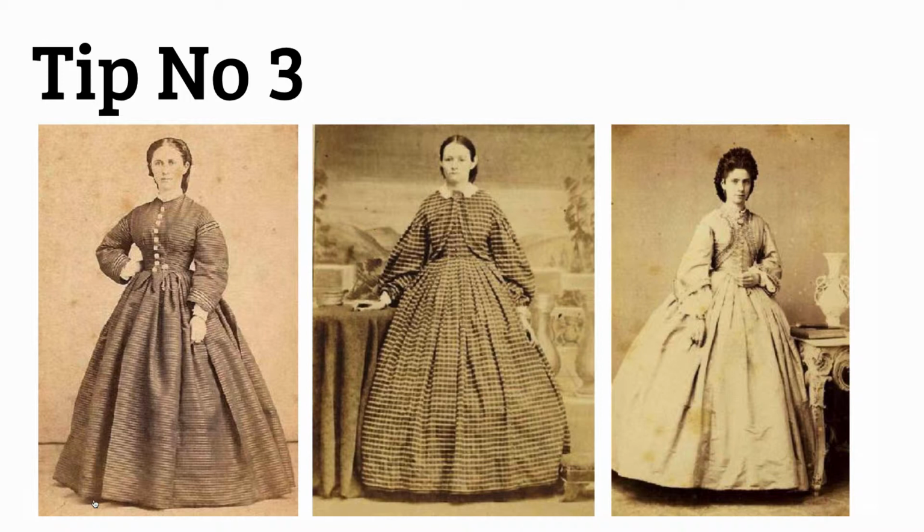Or the woman in the middle actually has, it looks like she has almost a combination of the two. And there was a lot of fabric involved in the sleeves as well as the entire dress. Really, the bodice or blouse was the only tight part. Everything else was tons of fabric.